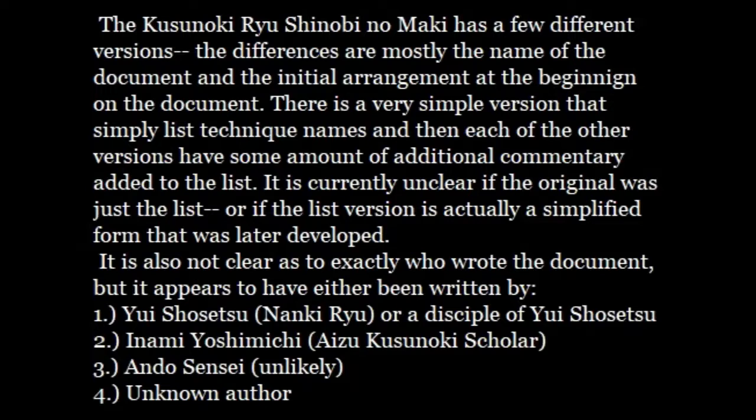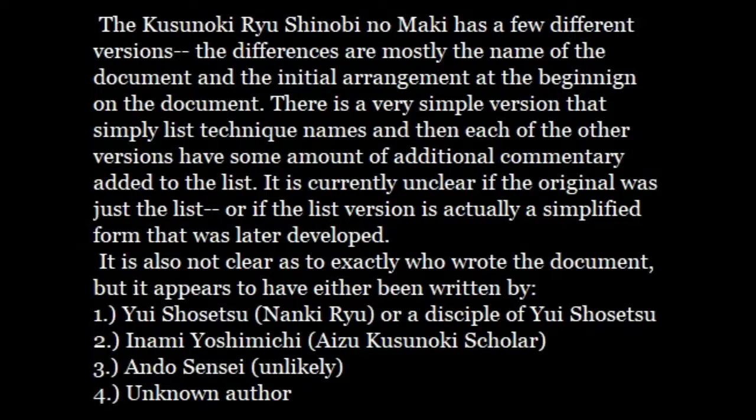The other thing that's unclear is who is the author of the document. On the screen I've put four potential possibilities. In my opinion, numbers 1 and 2 are the most likely. I believe the document was most likely written by Yui Shosetsu from Nanki Ryu, or one of his master instructors or close disciples, somebody like Shimada Sensei, possibly.